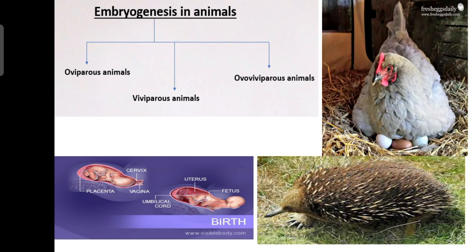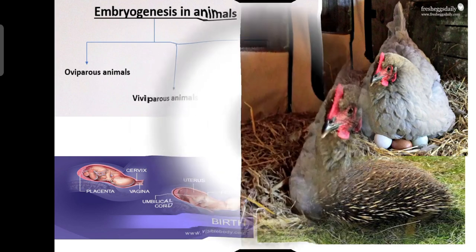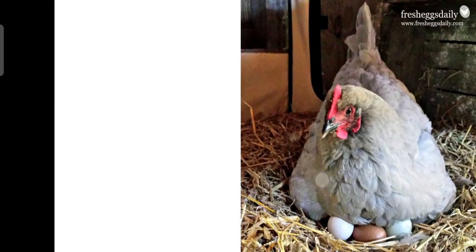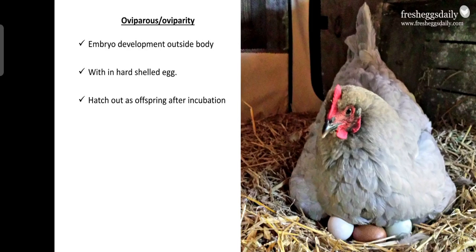We will study the oviparous, viviparous and ovoviviparous conditions in detail here. For the first pattern, oviparous animals or oviparity, we have to know three things: the mode of development, process after development and examples.